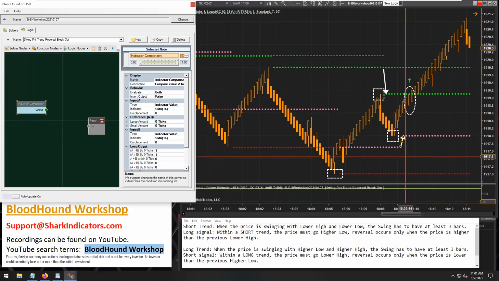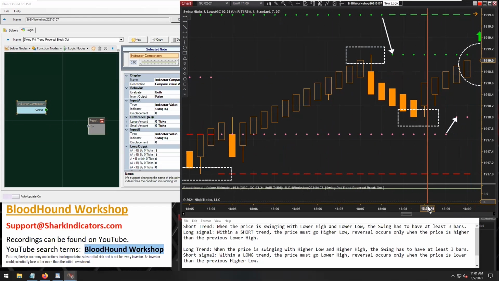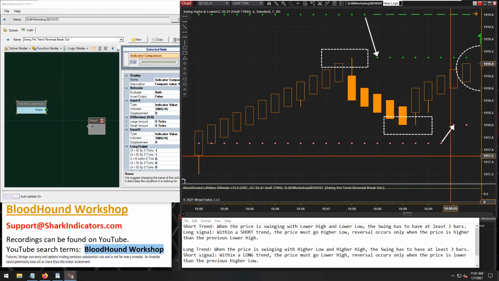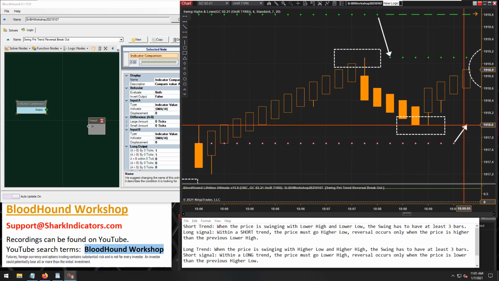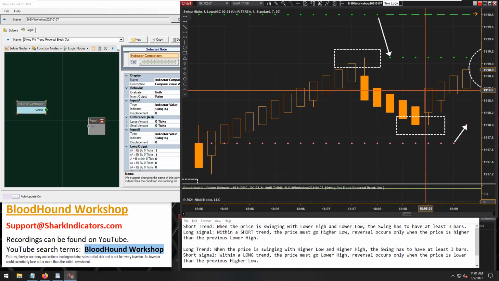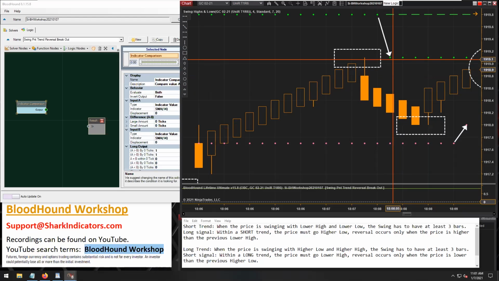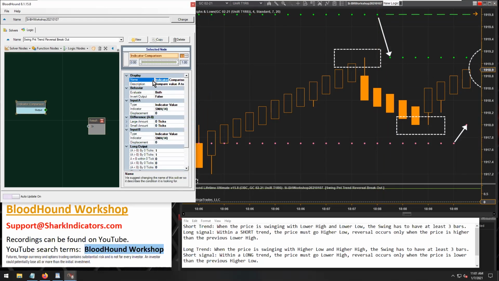And what we're going to do, if we stretch this out to help illustrate, is compare the most recent plot to one bar back, right? We're going to compare the same plot from the current bar to the previous bar back. So this would be the most recent bar, and then we compare it to the plot one bar back, one bar ago.